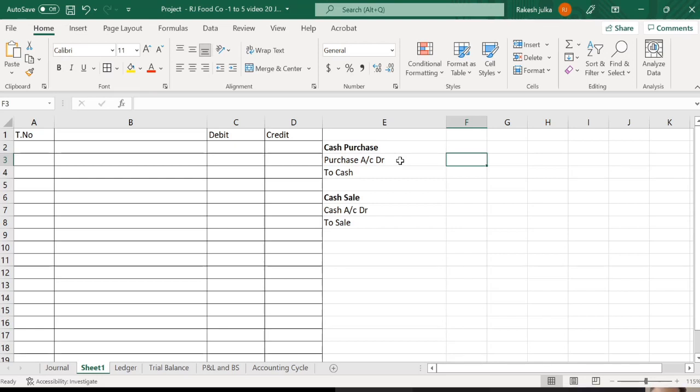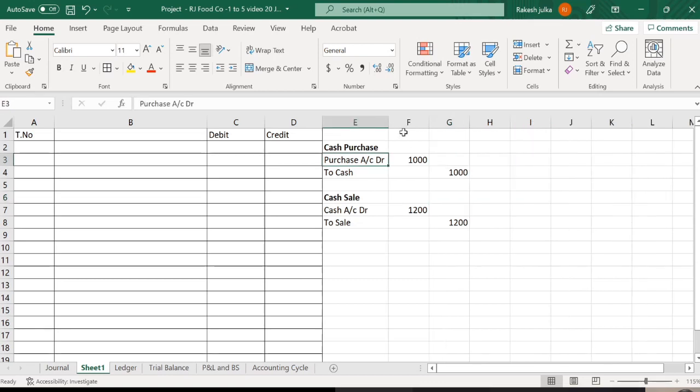Here in this case, let's say $1,000 is the amount of the goods that we have bought, and for selling, $1,200 is the amount of the goods that we have sold.